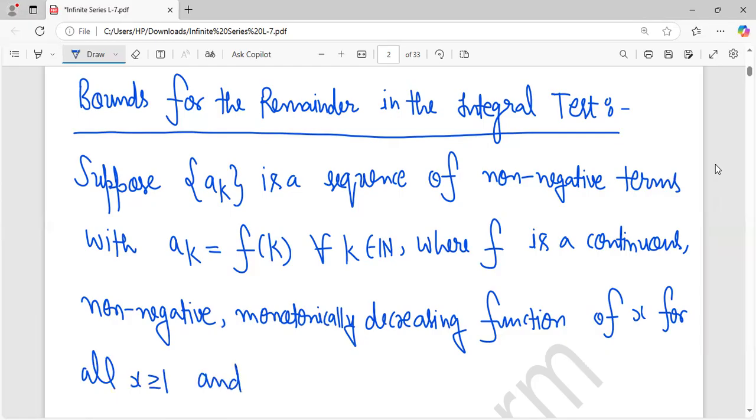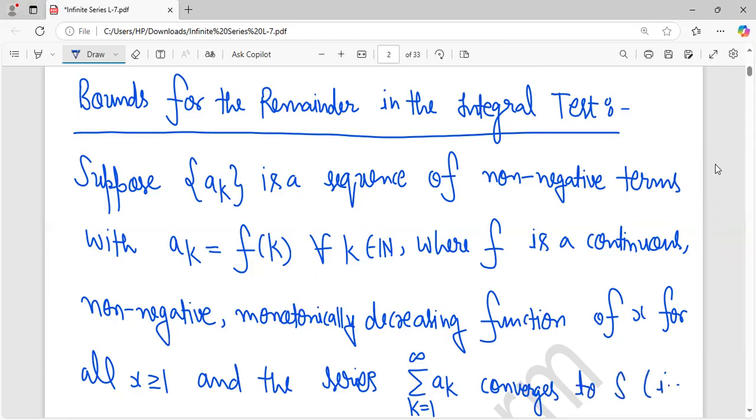and the series summation k goes from 1 to infinity a_k converges to S. It means what?